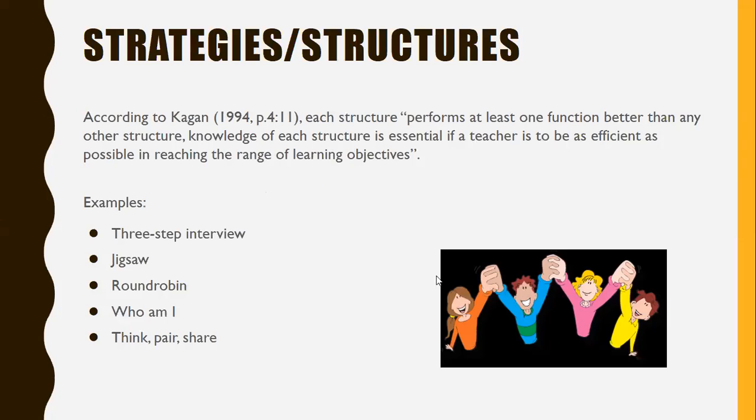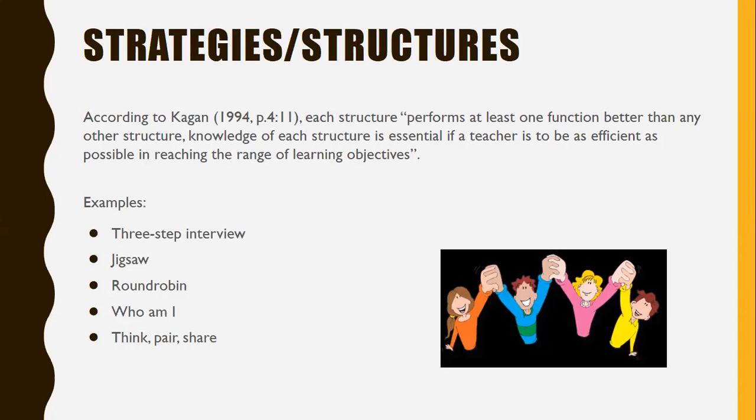So sometimes if you want to implement cooperative learning in your classrooms, you need to research a little bit about the structures or strategies that are activities that you can use. According to Kagan, each structure performs at least one function better than any other structure.